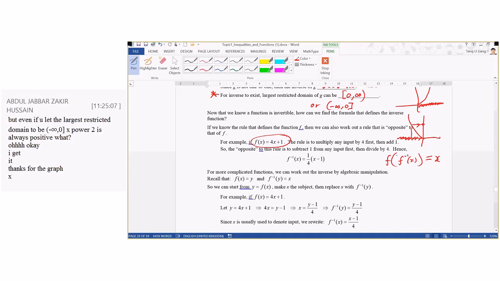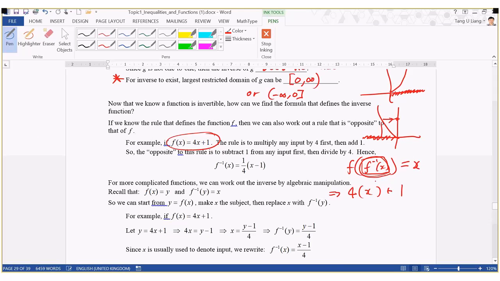So into the x, I'm going to replace it with f inverse of x. So there's a quick trick there. Can you see what I did? You understand this step? It's a crucial step. We need to understand this step before we can go on.